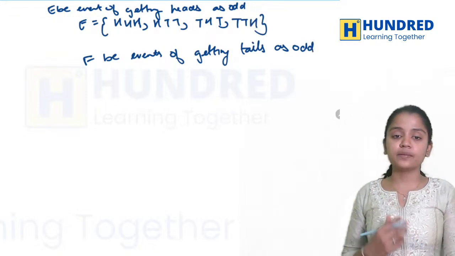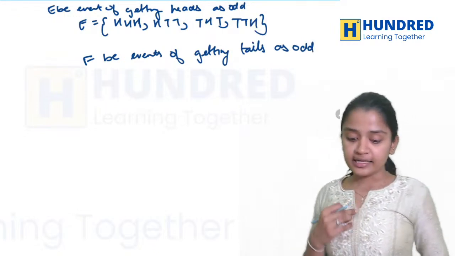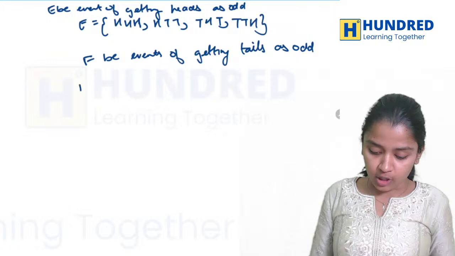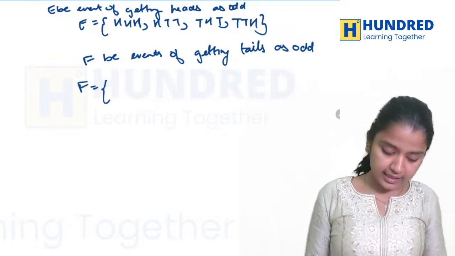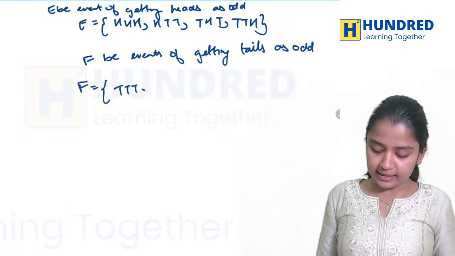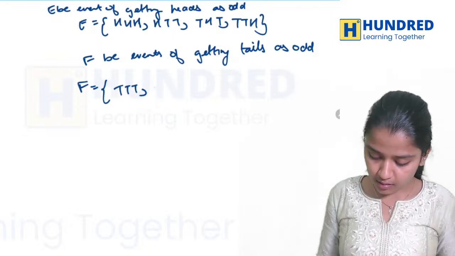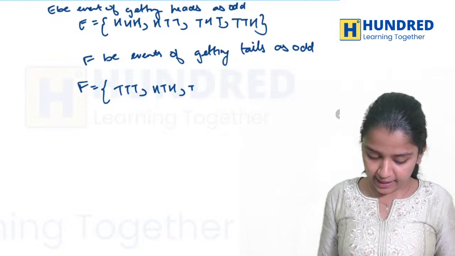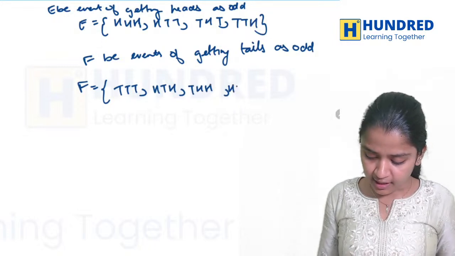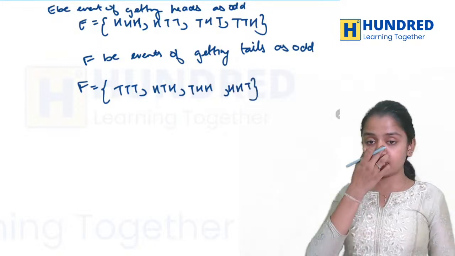So F is nothing but the event of getting tails as odd. E is nothing but the event of getting heads as odd. So F is basically nothing but tail, tail, tail, sorry, head, head, tail, head, tail, head, head, head, head, tail. So this is how you will be getting.